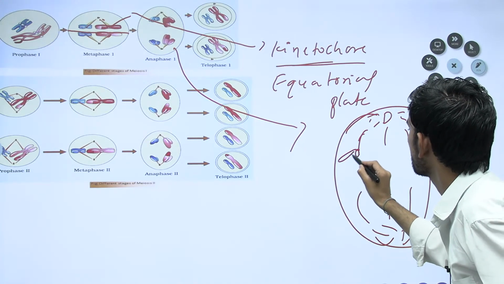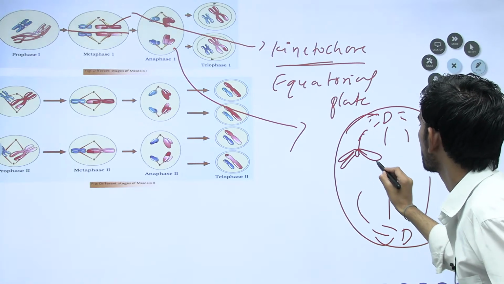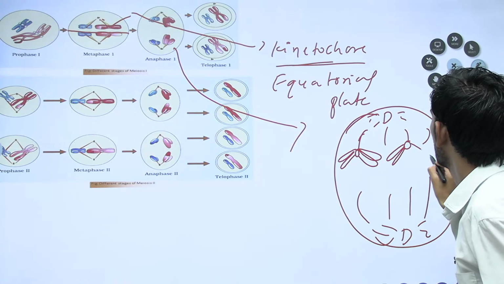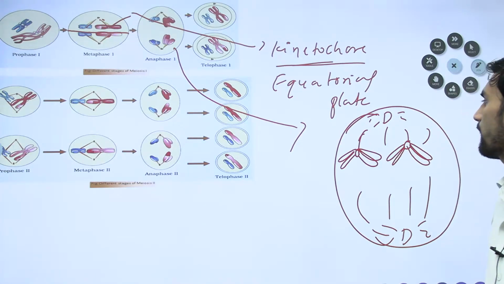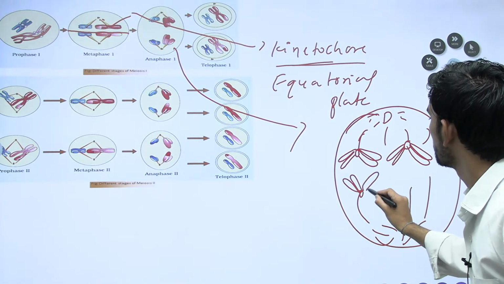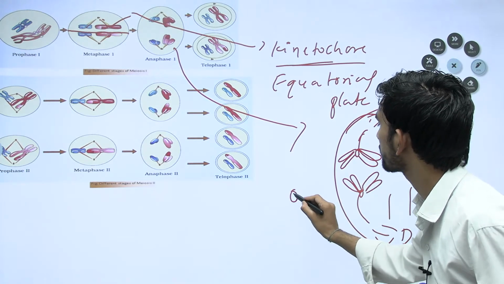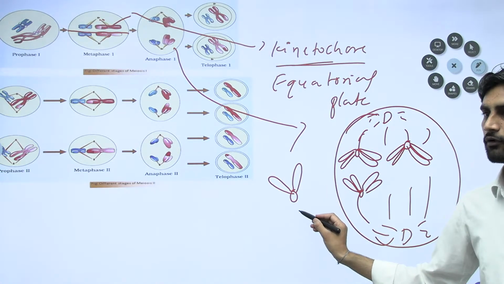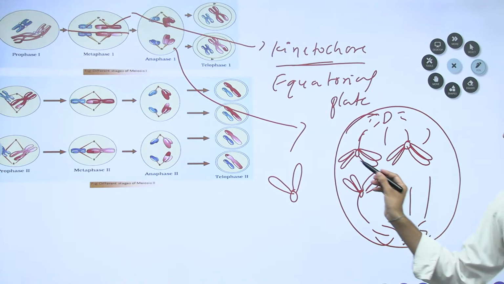Chromosomes exactly like this you will find. This is what I am drawing. Prophase 1, anaphase 1. In a similar way, a normal anaphase looks like this: V shape, L shape or J shape. So this is what I have drawn. This is related to anaphase 1.